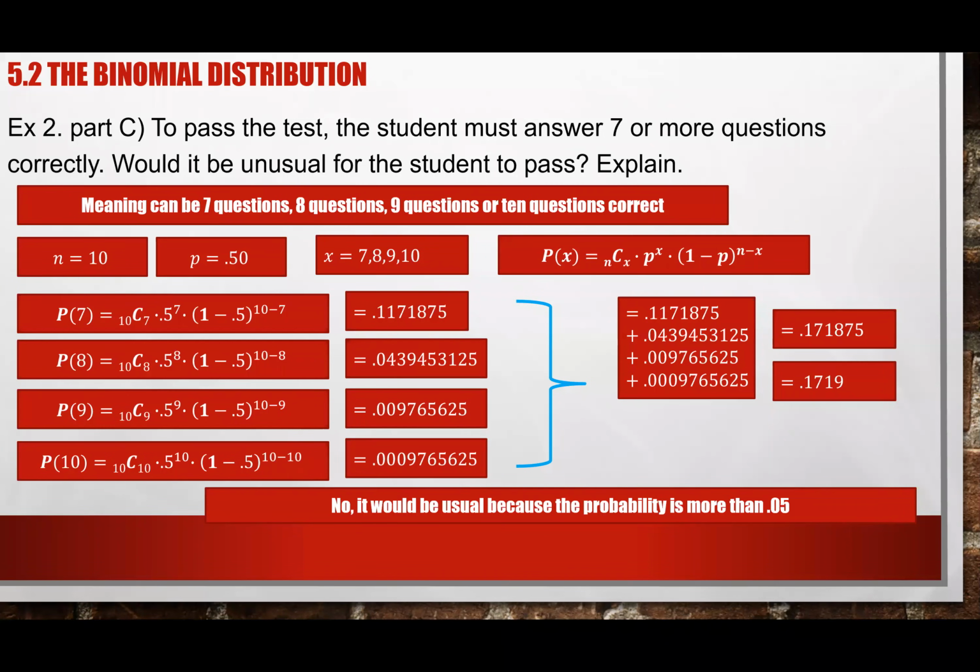If it's more than 0.05, it's usual. If it's less than 0.05, it will be unusual. It will be very, very rare that you calculate and your answer comes out to be exactly 0.05. But if it happens, 0.05 is still usual. It's only when it's less than 0.05 that it's unusual.